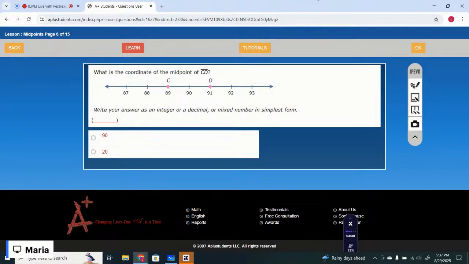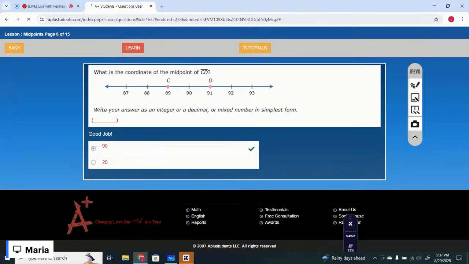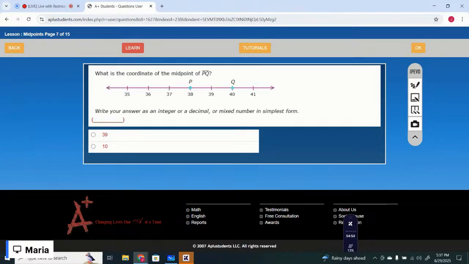Option number 1 is the correct option. What is the coordinate of the midpoint of PQ?